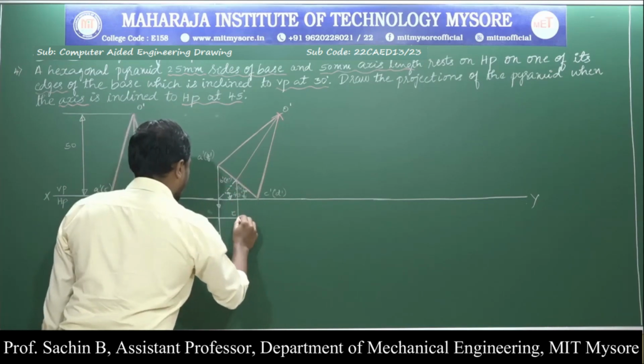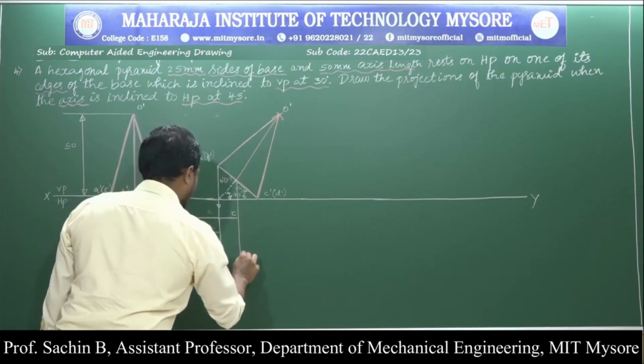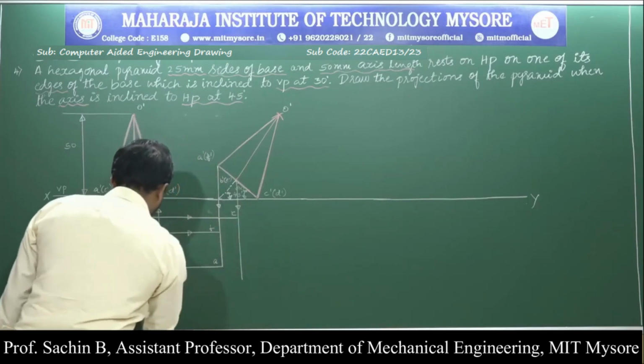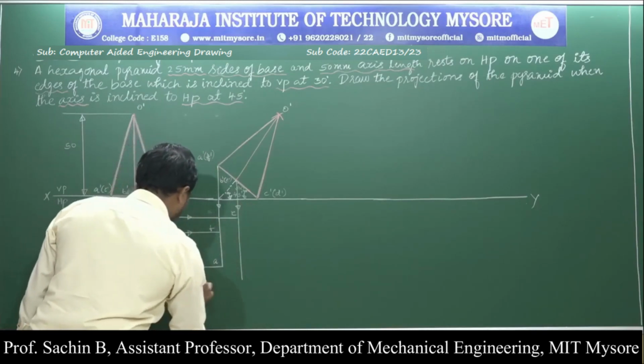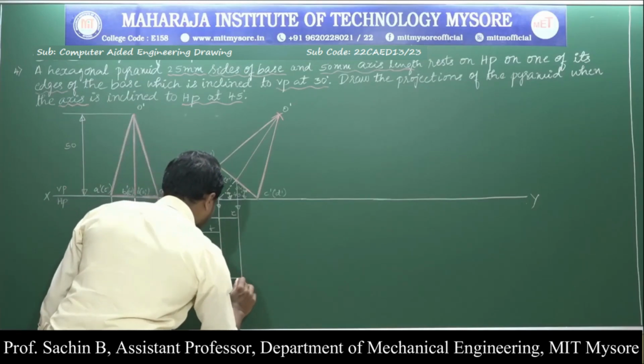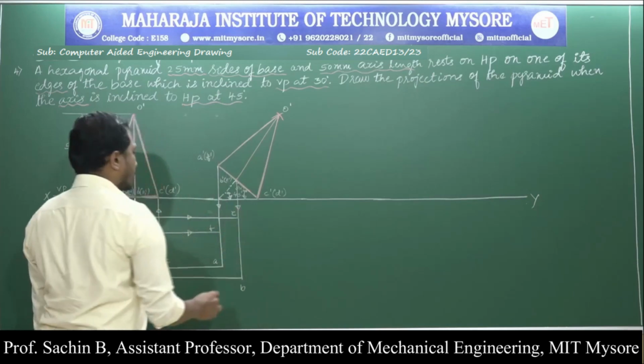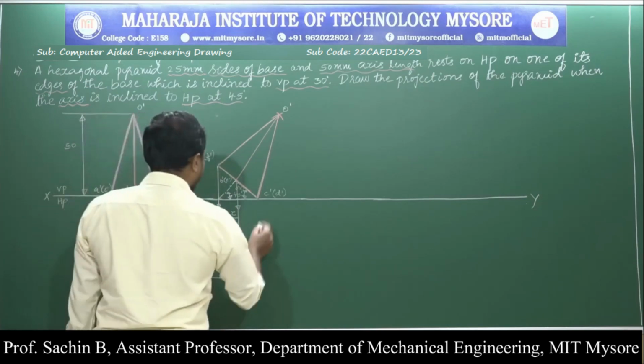This is E point. I am extending this line in the downward direction. Next I will go for drawing one more line from the B point. This is B. After completion of the front view, I am going for drawing the projection lines from the top view.